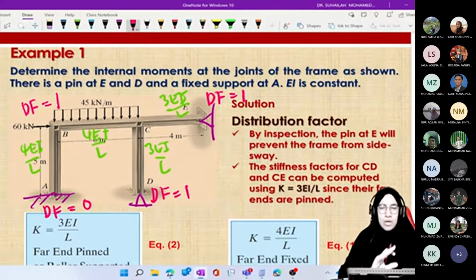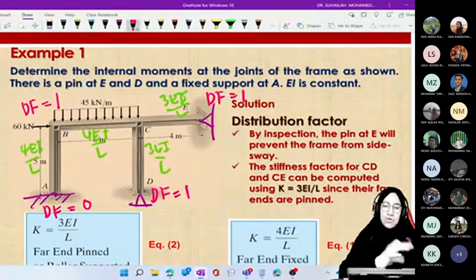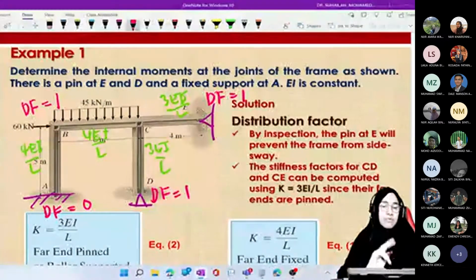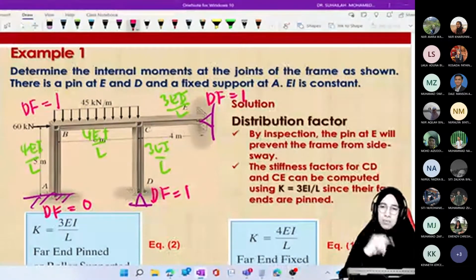Each joint equals 1 in total except the fixed end. But B has a combination of two distribution factors, DFBA and DFBC. DFBA plus DFBC must equal 1.